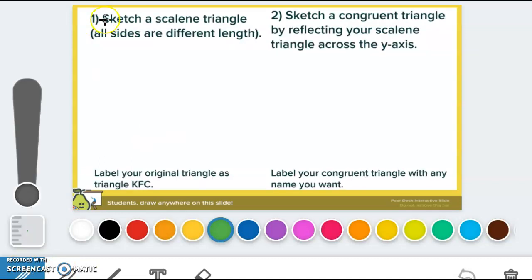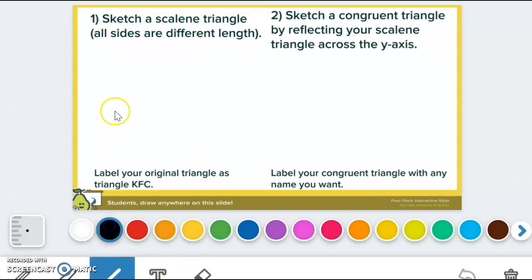Okay, next card. We're asked to sketch a scalene triangle. Scalene triangle means all 3 sides are different lengths. A triangle has 3 sides, but each side length is different. So I'm going to bring my line tool, and let's start by drawing a line here.